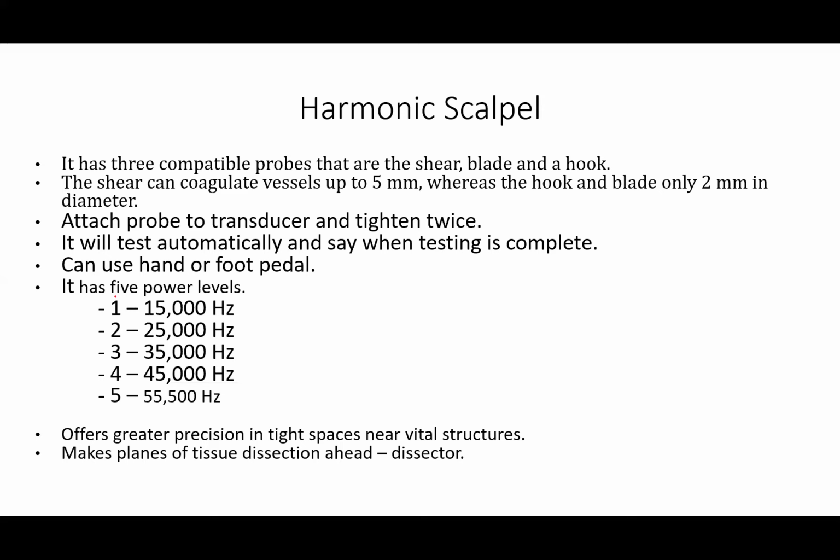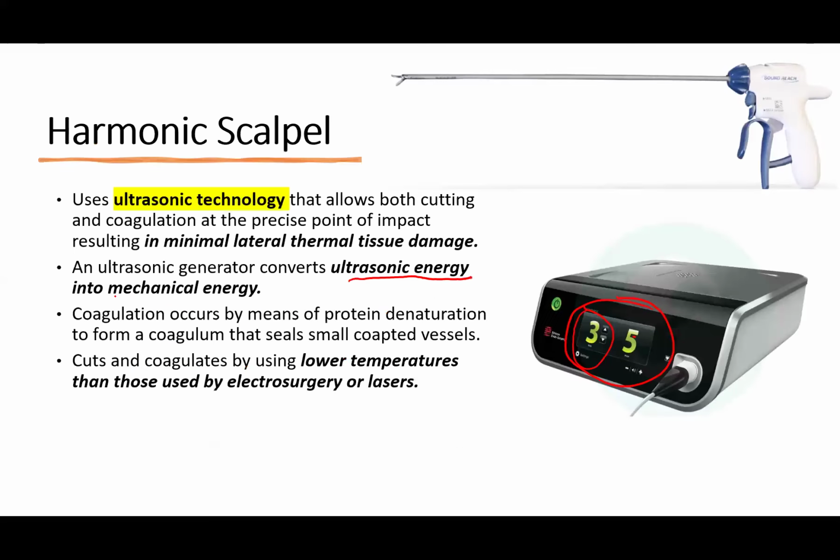Now, if you look at the machine, there are five settings. It has five power levels from 1 to 5. And this is what they all represent. This first one is for coagulation, and this is for cutting.